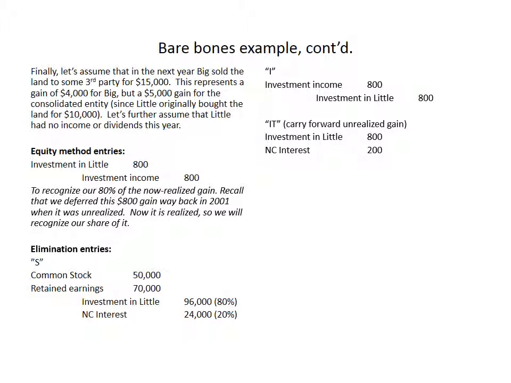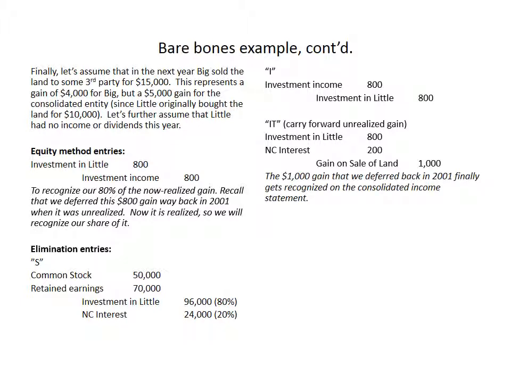Now we have the intercompany transaction entry, where again we're carrying forward that unrealized gain for the last time. And again, this is based on beginning of year balances. We're going to go ahead and reduce the investment in Little by $800 again, and the non-controlling interest by $200. And now, instead of reducing the land by $1,000 as we did last year, now we're going to finally put that $1,000 gain on sale of land on our consolidated income statement.